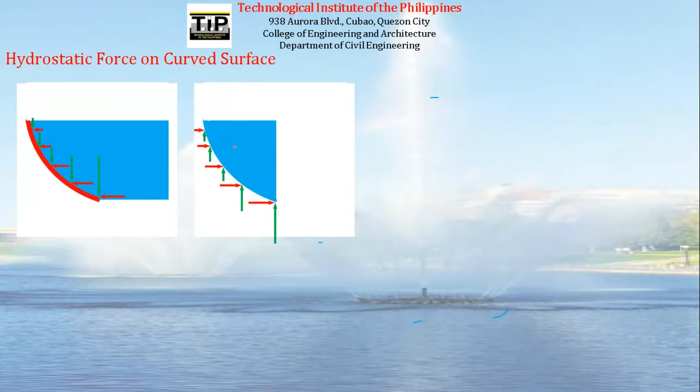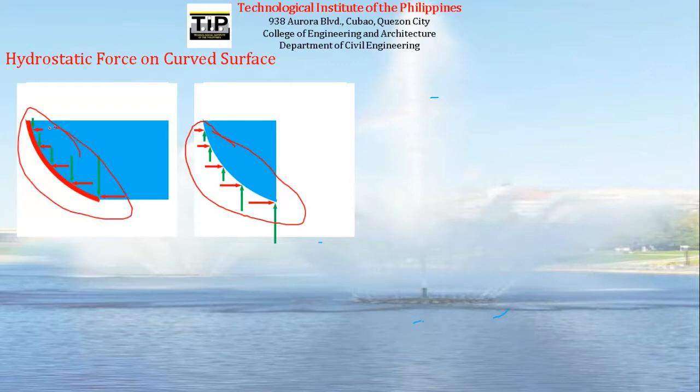So the force that will be exerted by the curved surface onto the water are this. Okay, we can see the opposing forces of these forces. So you have force to the left and force downwards. So it will be counteracted by the curved surface. This will be force to the right and then force upwards. Okay, so this is the counteracting force by the curved surface.